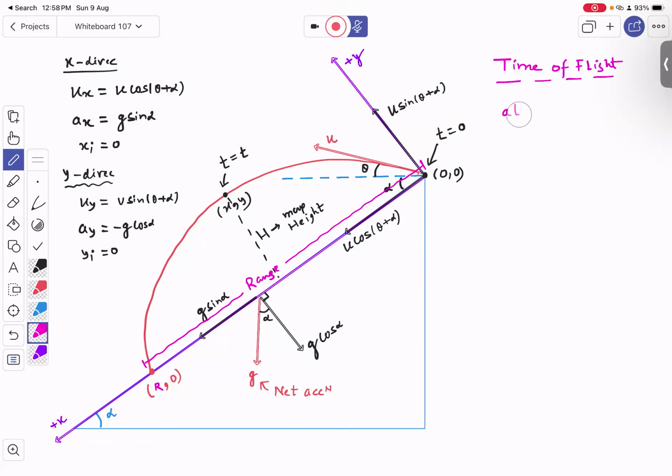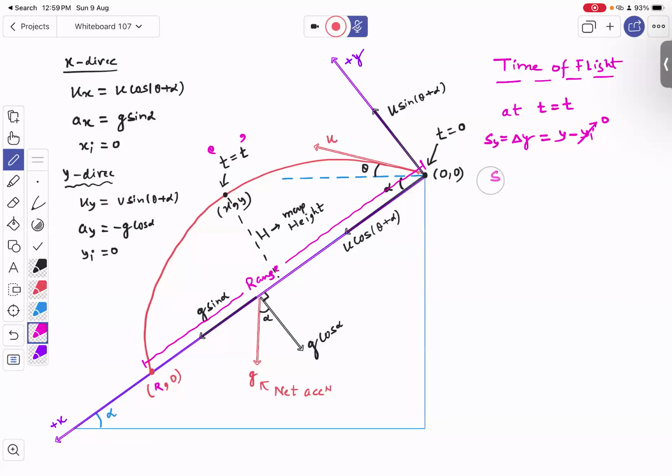But before that, if I ask you, at time t equals t, how much displacement has it undergone along y? That will be the change in the y position. So that will be the final y, that is the y at time t, which is y only, and initial y is 0. So displacement along y is y only, no?